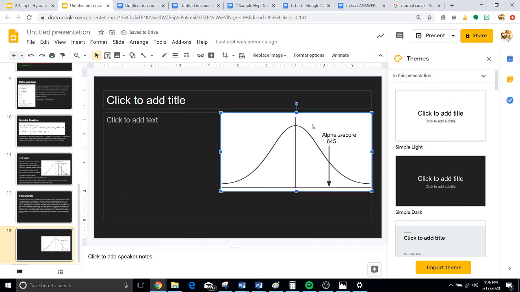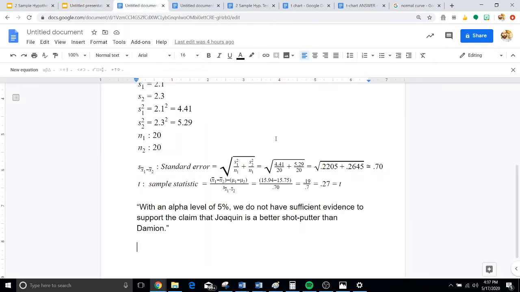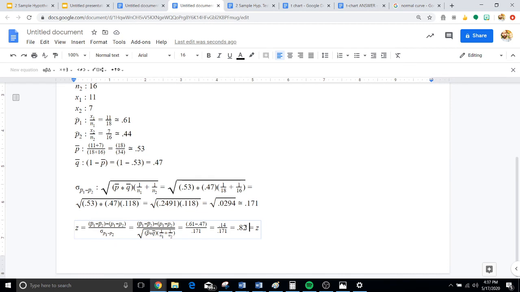Okay, next up we need to put our sample statistic. That is going to be actually closer to the average here, to the mean. So let's go ahead and bring that up. And let's call this one, what did we say it was? We said it was 0.82.